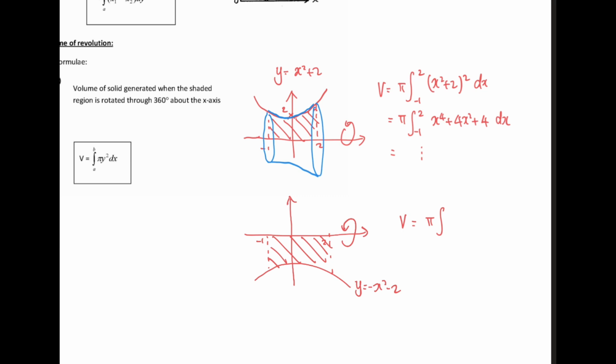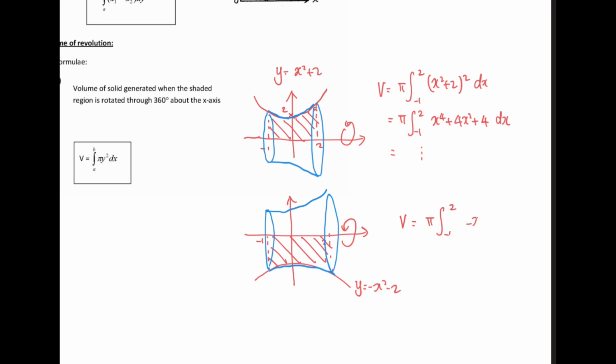You imagine if they revolve about the x-axis, what they form is a similar shape actually. Exactly the same. You form a shape like this.